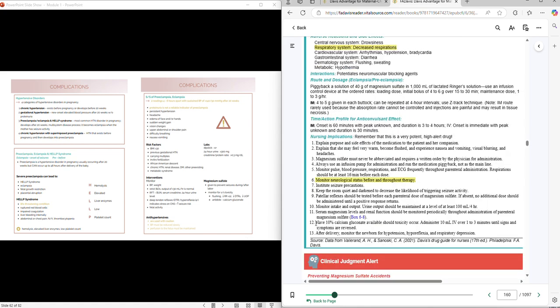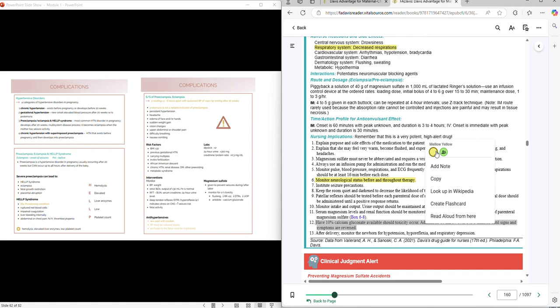Number 12. Go ahead and memorize this. Your antidote for magnesium sulfate is calcium gluconate. Anytime you have a patient on magnesium sulfate, you should have calcium gluconate in your pocket. If you walk in and she's breathing 5 times a minute and her DTRs are diminished, like no reflexes at all, then you need to call the ordering physician, your OB, and let him know.